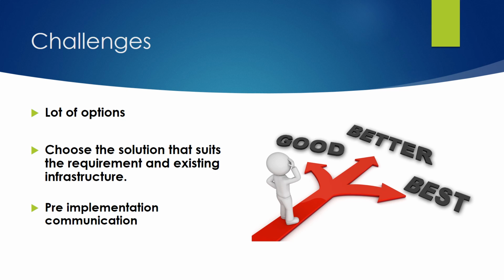And also it's key to communicate effectively to all the end users pre-implementation, explaining the policies and the impact of the changes that are going to happen by having the web content filtering system in place.